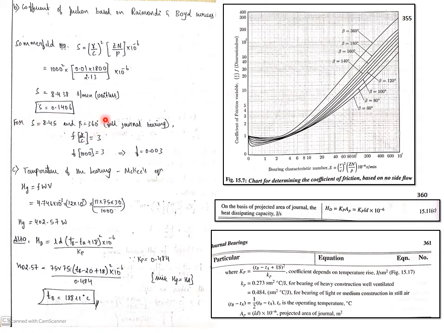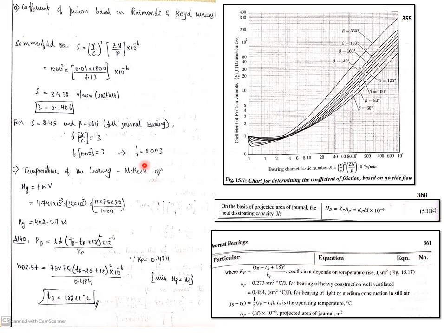Okay, now with respect to these two values, you have to use this curve. With respect to S as 8 and corresponding beta as 360 degrees, if you check, you will be getting F into R by C as 3. Okay, you just substitute the value of R by C, and you will be getting the value of F. So this is the F according to the curves.